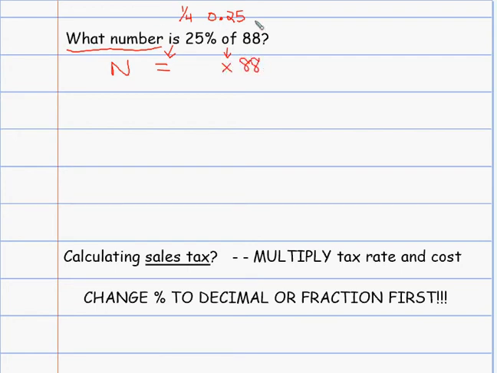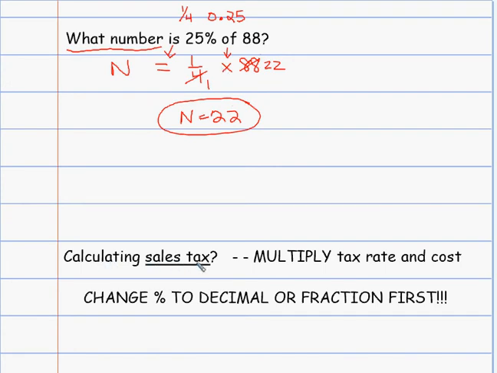So which one of these makes the most sense to use since you have the number 88? Well, I like the fraction because it's divisible. 88 is divisible by 4. So I can simplify this, and that made real quick, easy work out of this problem. N equals 22. What number is 25% of 88? It's a fraction or a percent of 88, so it should be less than 88. So I know my answer is reasonable.